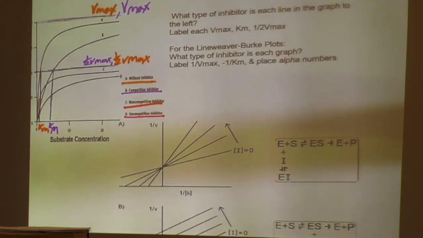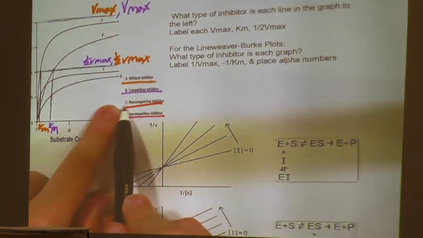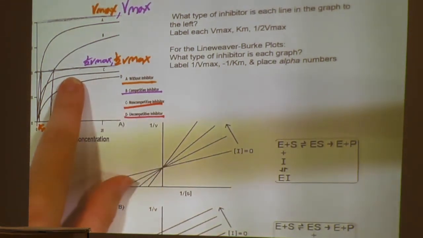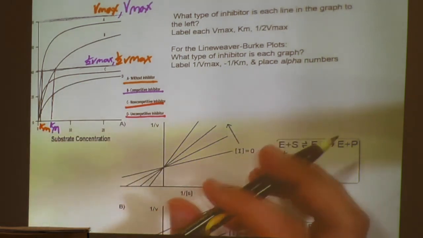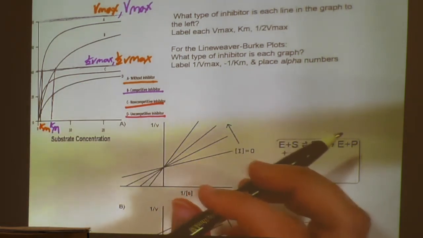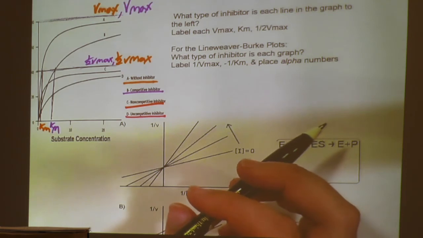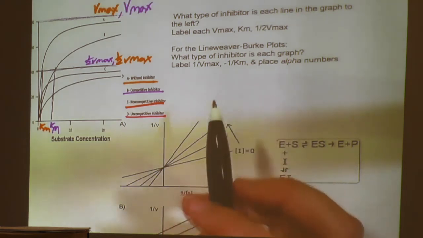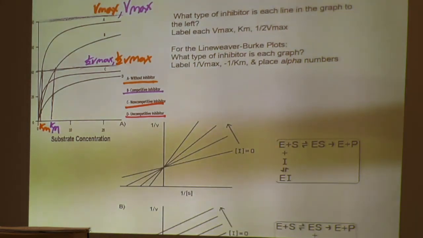So your non-competitive Vmax, which you can see, that's non-competitive. Do non-competitive inhibitors change the Vmax? They do. Non-competitive inhibitors change the Vmax.